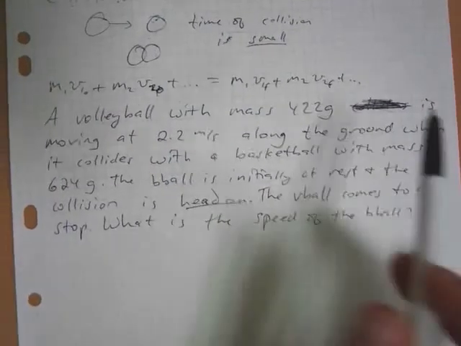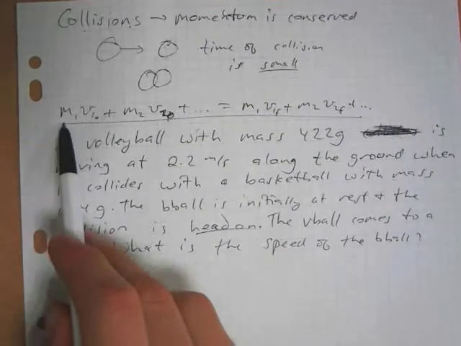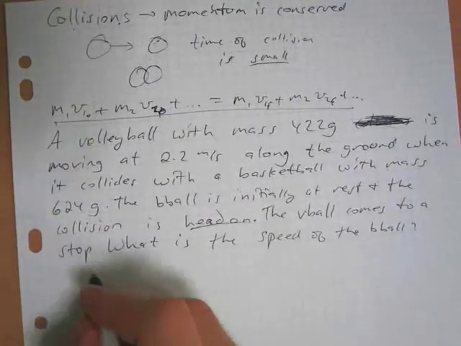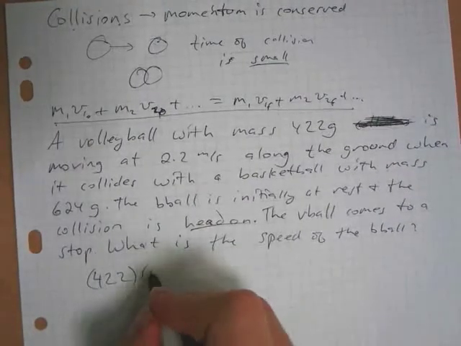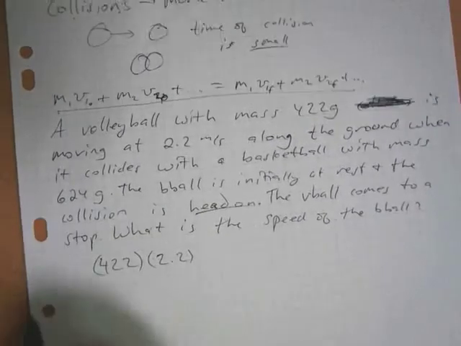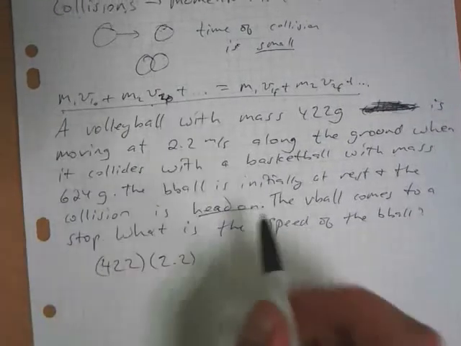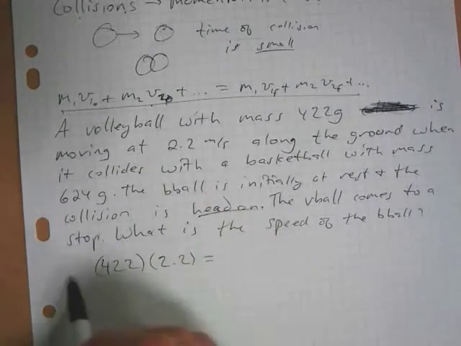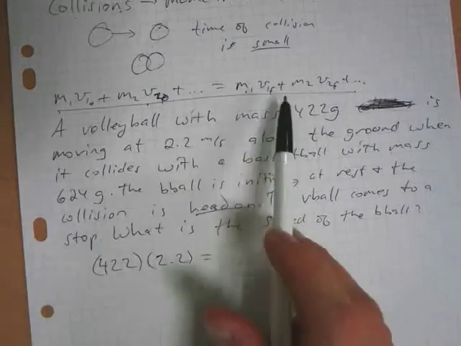So this is a case where we're just applying conservation of momentum. Mass 1, we can call the volleyball. It's 422 grams. Its initial velocity is 2.2 meters per second. The initial velocity of the basketball is 0. So that's all of our initial momentum. The volleyball comes to a stop, so its final momentum is 0.